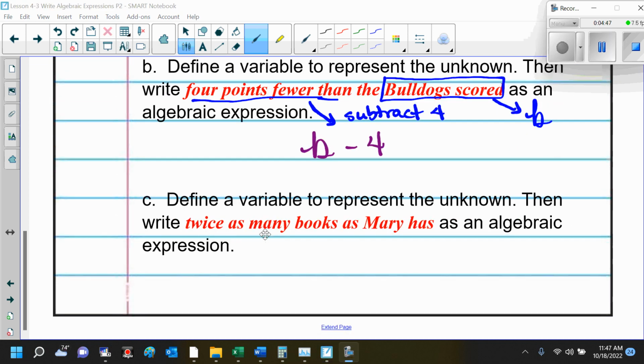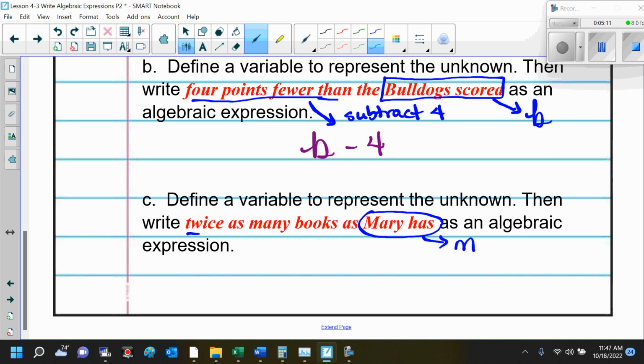So here we're looking at twice as many books as Mary has. What is it that we don't know? We don't know how many books Mary has, right? So what do we want to use for our variable? M? Okay, M for Mary. And what are the words that tell me the operation?